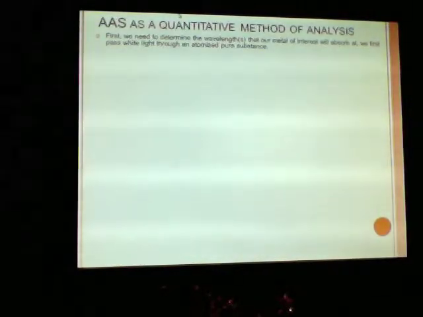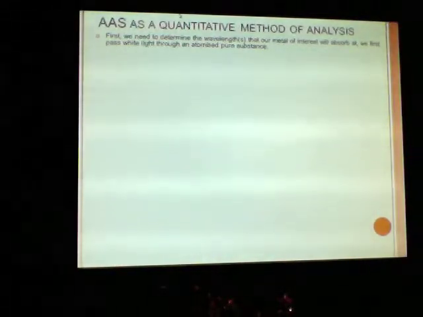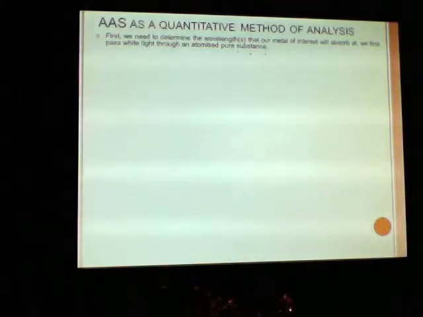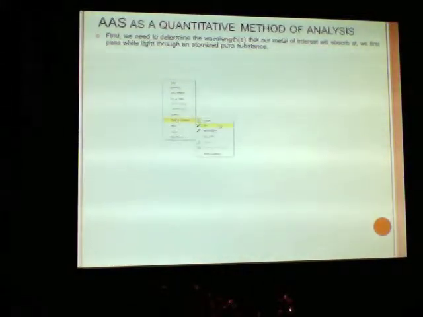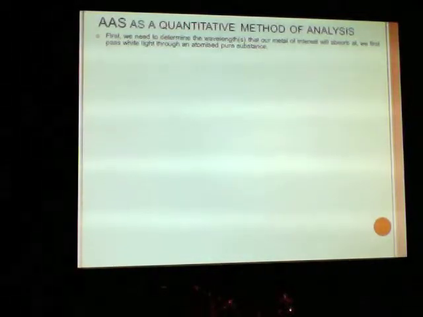Okay, first we need to determine the wavelengths that our metal will absorb, right? So we pass white light through a pure substance. Let me show you what this means. Let's see if we've got copper here.